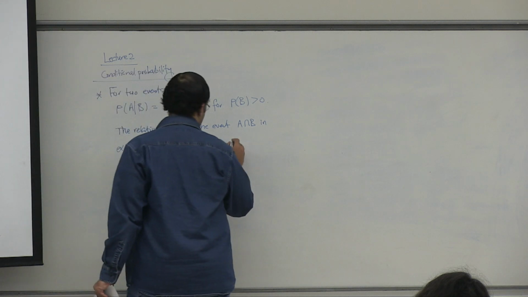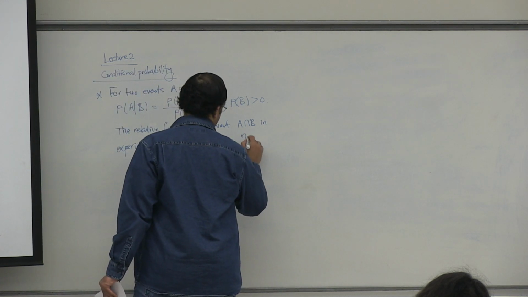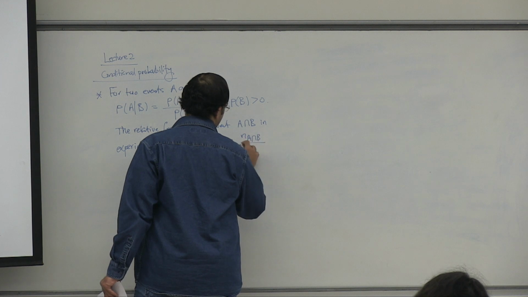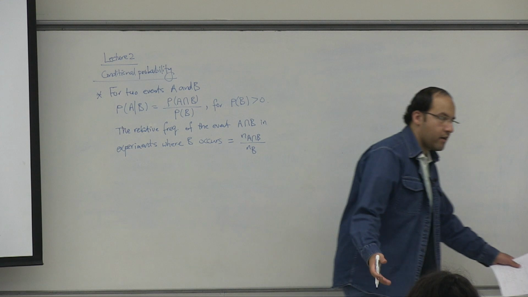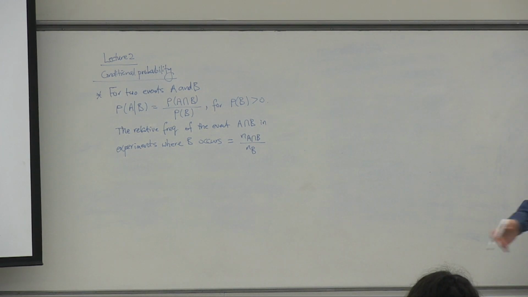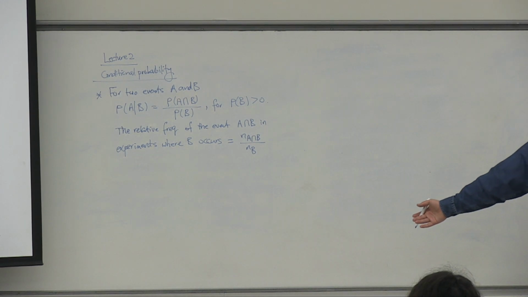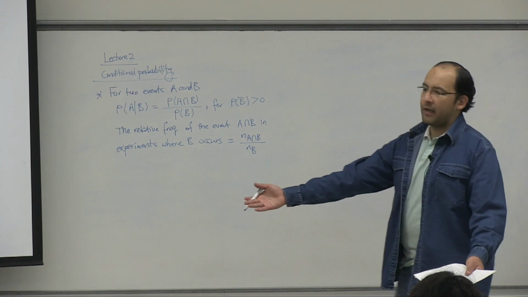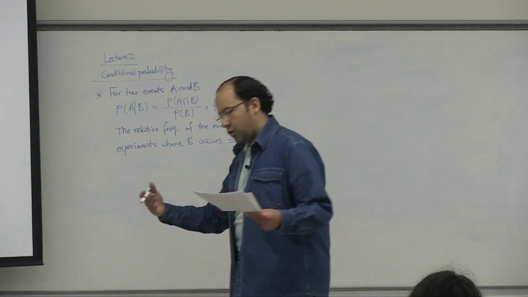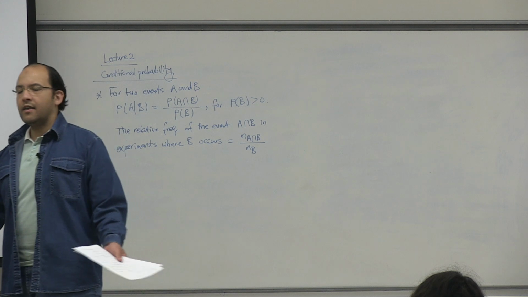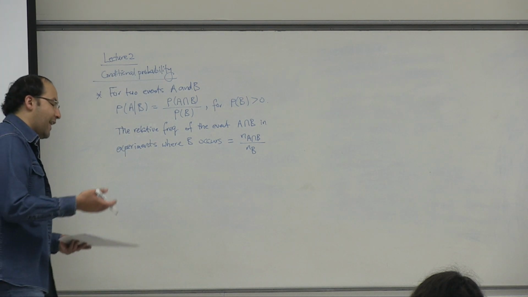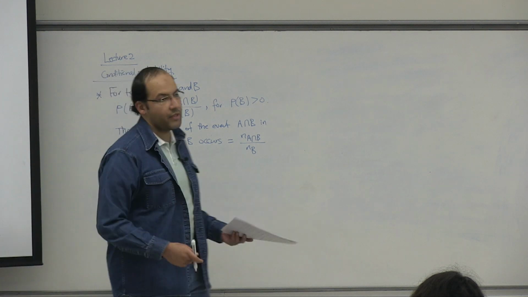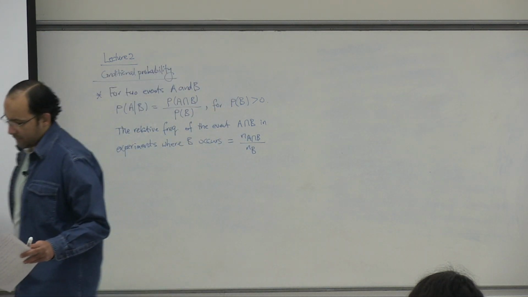What is this mathematically? It is N A intersect B over N B. Have your random experiment. You perform it a total number of times, say N. You have a specific number of times where B occurs. You have the relative frequency for B. Now you are thinking about the relative frequency of the event of A happening with B under the situation that B happens.